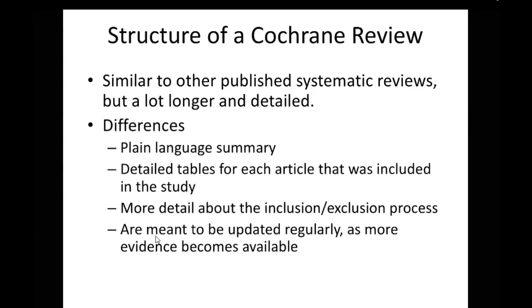Some of the major differences between a published systematic review in a journal and a Cochrane Review tend to be these four items. So Cochrane Reviews tend to always include a plain language summary, which I actually really like. So it makes the review very accessible to a non-medical audience, or an audience that might not be as steeped in the lingo and the jargon as folks who are working in that field.